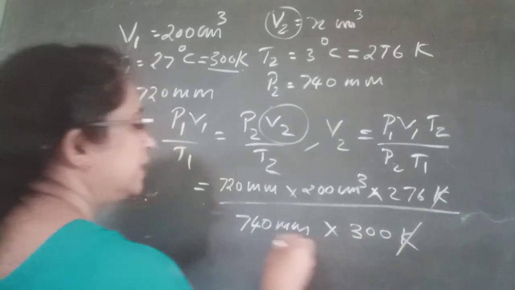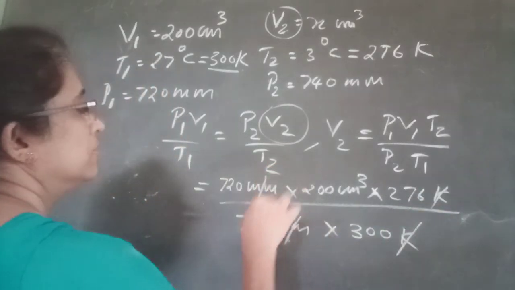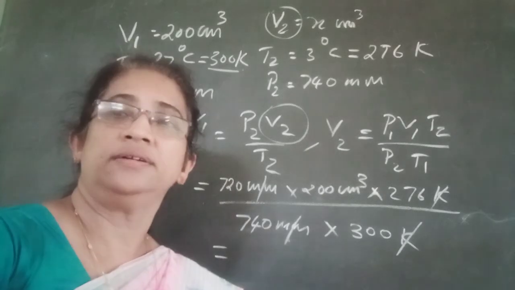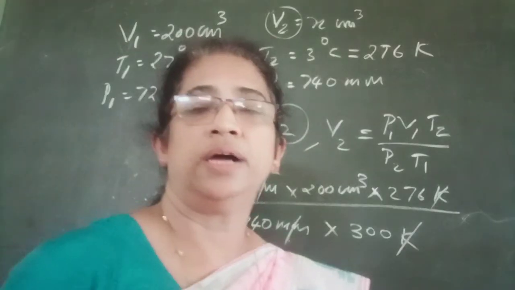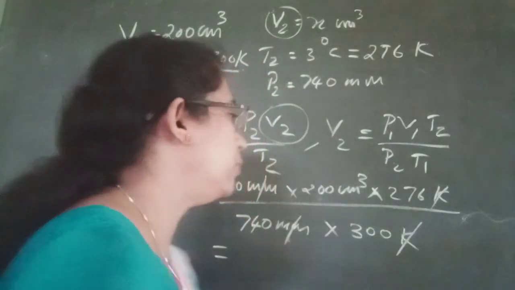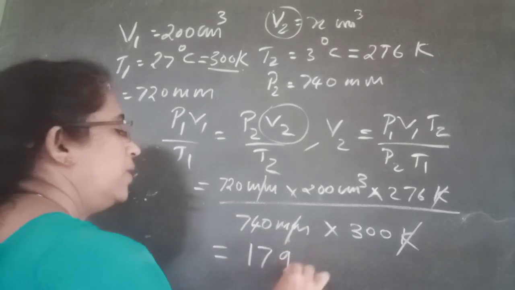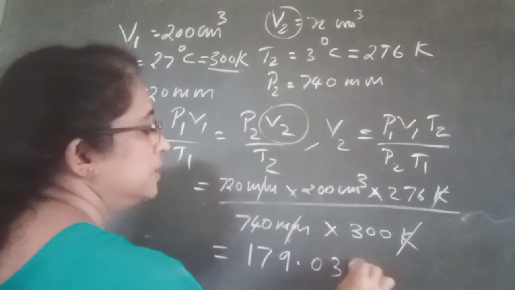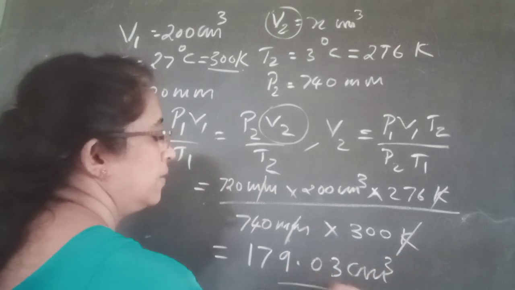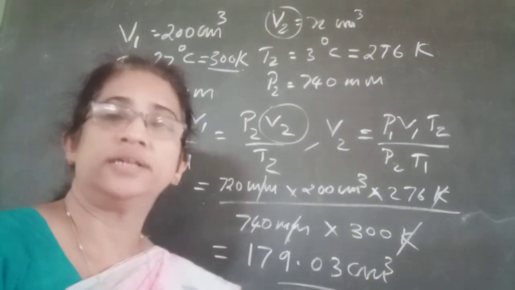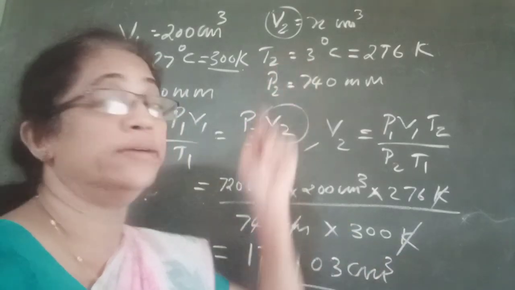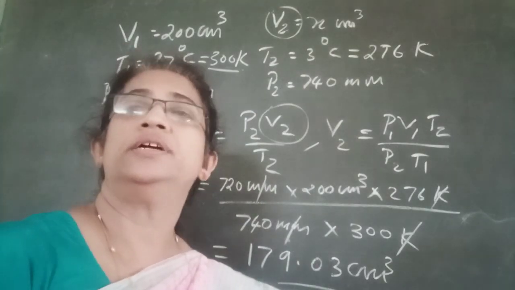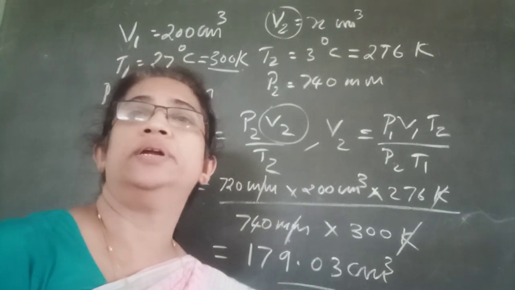So write down the same units. On simplification, we get the answer 179.03, and the unit is centimeter cube. Then write the result: the final volume V2 is equal to 179.03 centimeter cube.